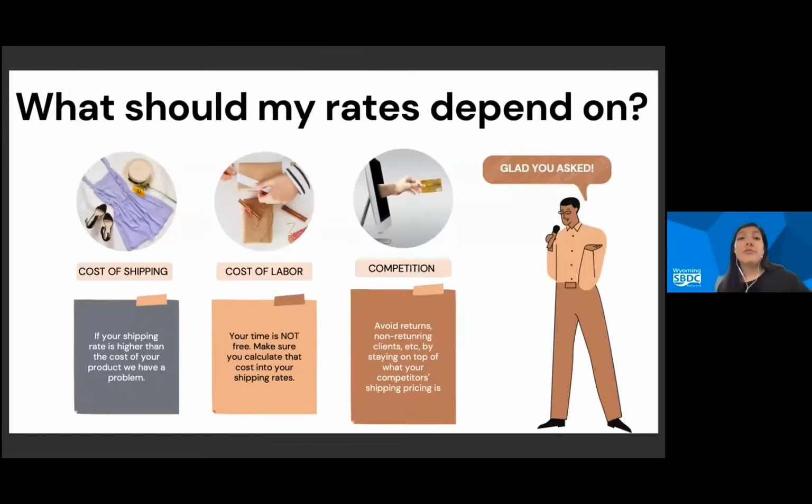Now, what should your rates depend on? This is kind of the bigger question that I'm assuming, especially first-time entrepreneurs, are probably thinking, like, well, I don't know how to do it. Maybe you've looked at your competitor and you're like, wow, I don't understand how they can afford that. And of course, if your competitor is a big box store, that's not really your competitor.